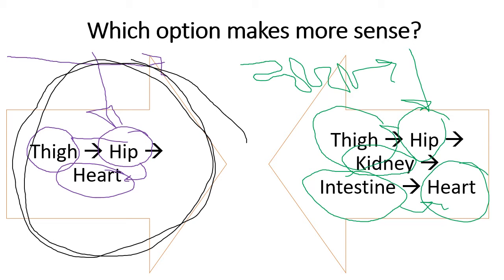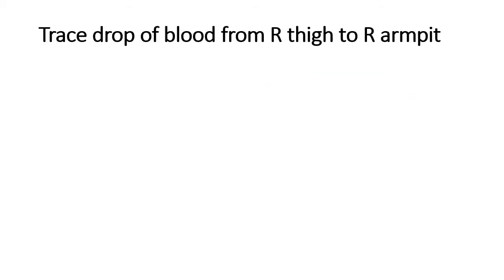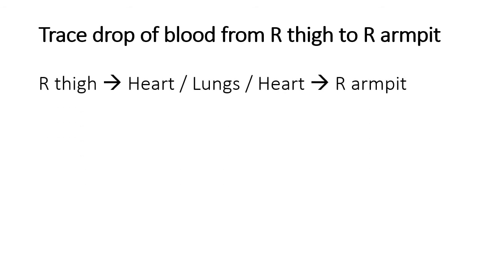So let's do an example together. So let's say you've been asked to trace a drop of blood from the right thigh to the right armpit. So let's work this out together and let's take the approach of 3 miniature traces. Your first trace, again, is going to go from the right thigh on veins to your right atrium.